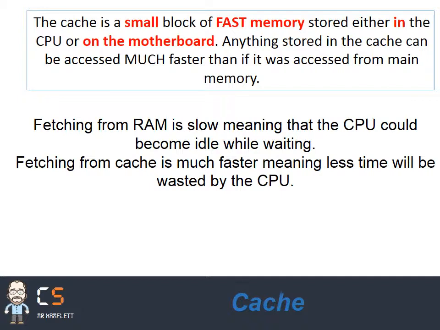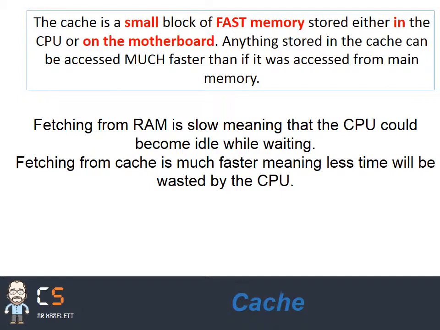So this is really starting to look at modern ways of improving the CPU and effectively overcoming this von Neumann bottleneck. The first and most common way is caching. Cache is a small block of memory which is really, really fast. It's either stored inside the CPU itself or on the motherboard, or actually most computers nowadays have both, so there are two caches, one on the CPU, one on the motherboard.